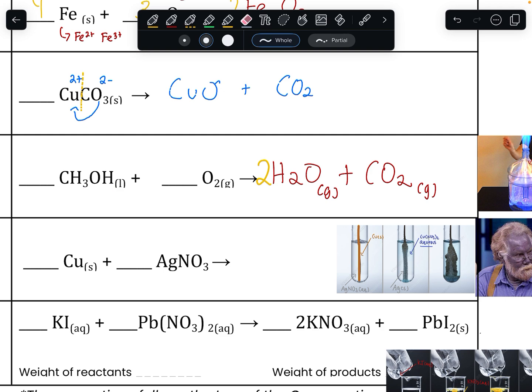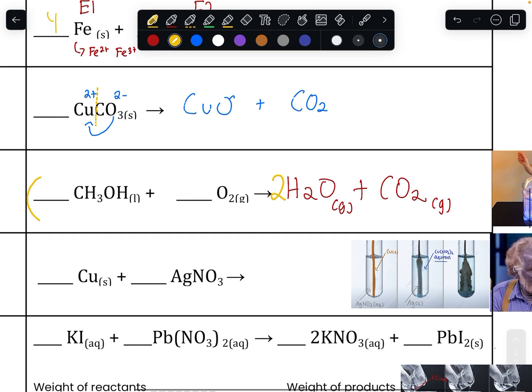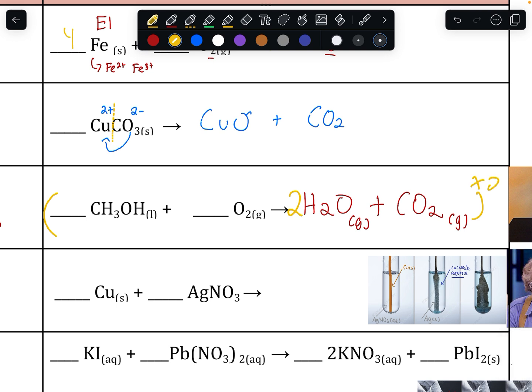So what I always tell students to do is take the whole equation and multiply every coefficient you have written down by 2 and try to balance again. So that means that 2 is going to go here, which would then lead us to put a 4 here. Once that 4 is there on the H2O, now we can worry about the carbon dioxide and the H. So if this is a 2, then that means there's also a 2 there.